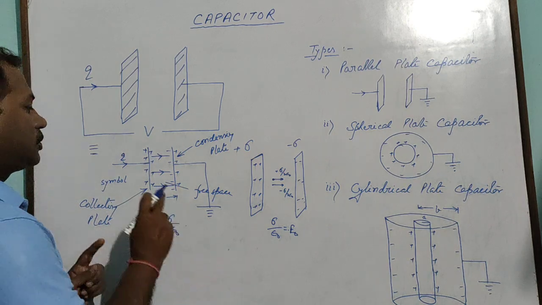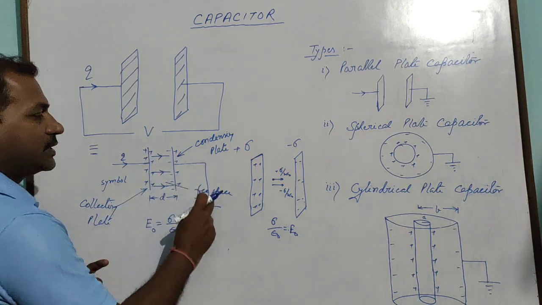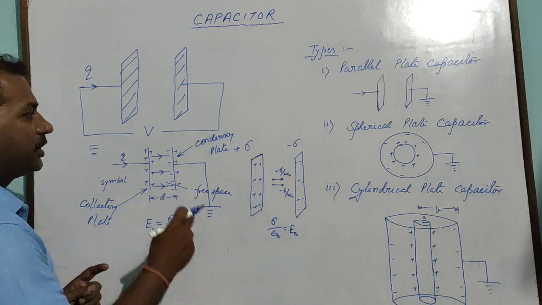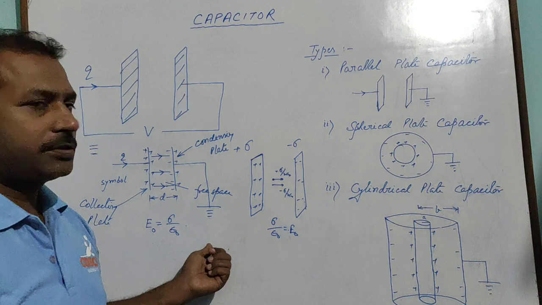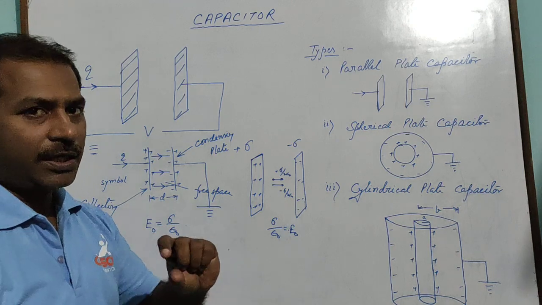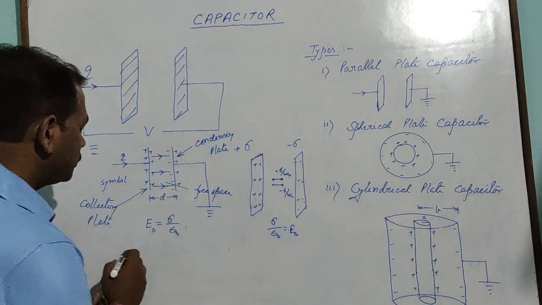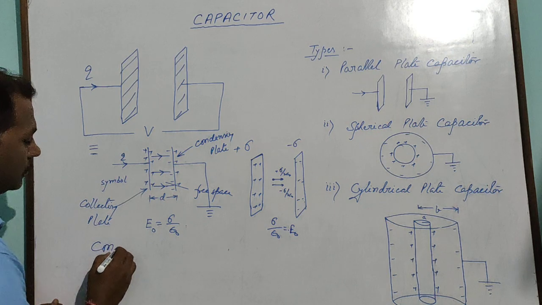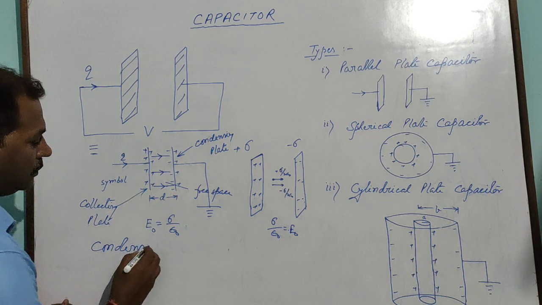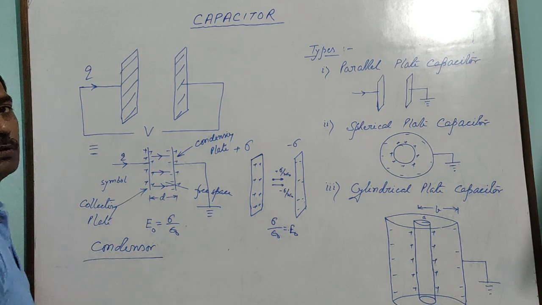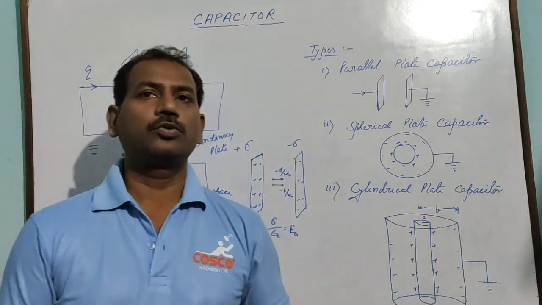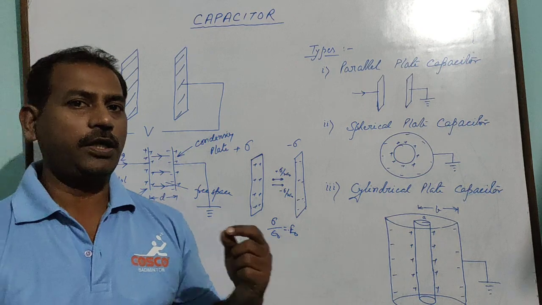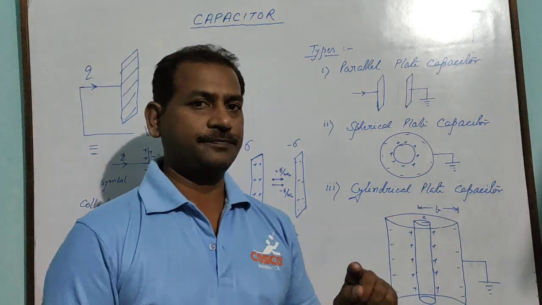Remember, as long as you are not earthing the second plate, the name of the device will be capacitor. As you earth it, the name slightly changes and now it's called condenser. Condenser and capacitor are both the same, but you call it condenser when any plate is earthed.